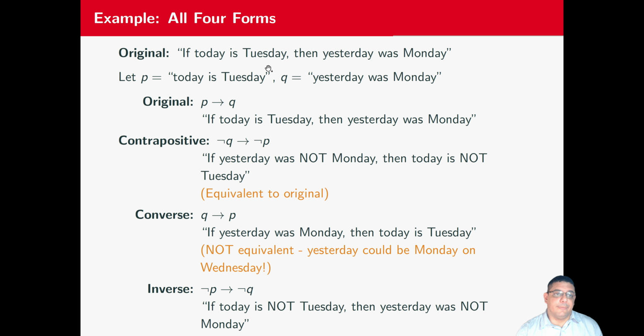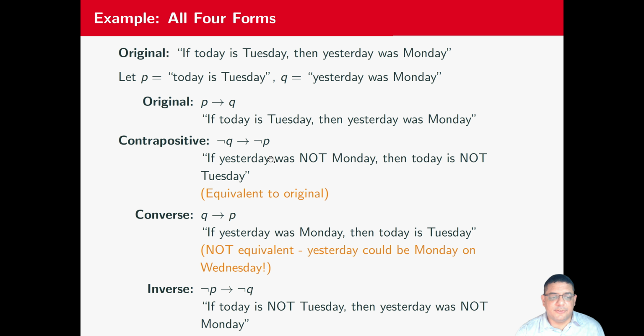Now let's look at these forms with a particular proposition. If today is Tuesday, then yesterday was Monday. So we have P, today is Tuesday, and Q, yesterday was Monday. Those are the two propositions. The original statement, P implies Q, is: if today is Tuesday, then yesterday was Monday. The contrapositive, negation of Q implies negation of P, will be: if yesterday was not Monday, then today is not Tuesday, which is equivalent to the original.